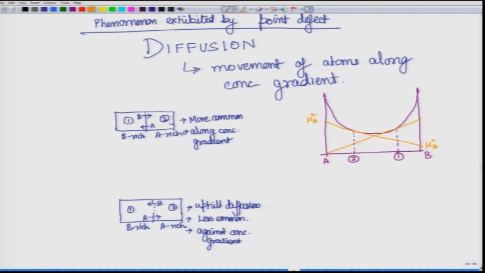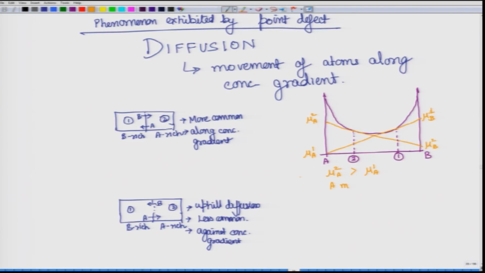So, for this we will have in the system 1, A will have chemical potential mu A1, and in this will have mu A2. Now, here what you see is that mu A2 is greater than mu A1, and that would mean that A must flow, because this is a higher chemical potential.